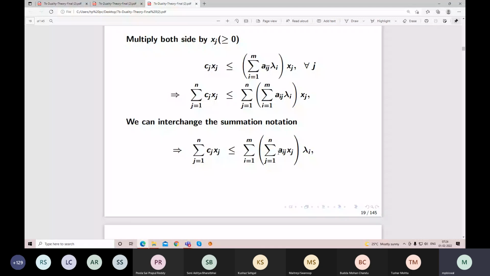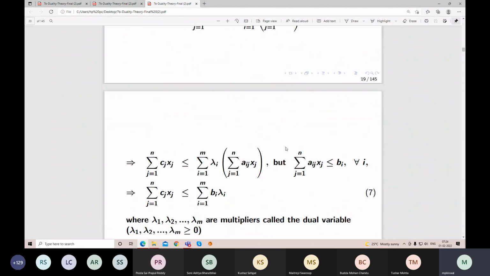So bi is more than the sum over j from 1 to n of aij xj, so instead of that sum we write bi. As a result, we have the summation over j from 1 to n of cj xj less than or equal to the sum over i from 1 to m of bi lambda i.